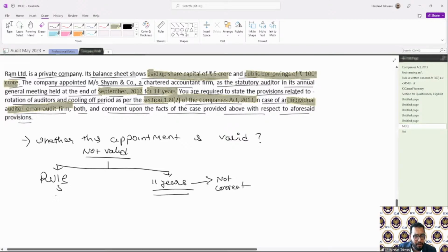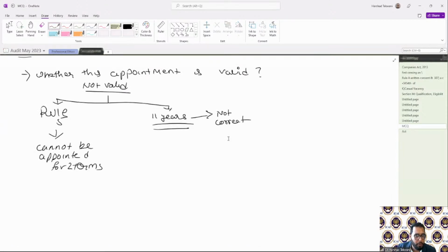If the borrowing is more than 50 crore, an audit firm, Sham and Company, cannot be appointed for 2 terms of 5 consecutive years. If it is an individual, they cannot be appointed for more than 1 term of 5 consecutive years. Accordingly, this particular appointment is not valid. Clear? Any doubt?